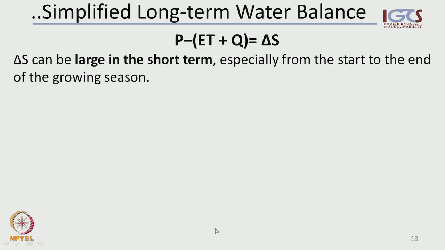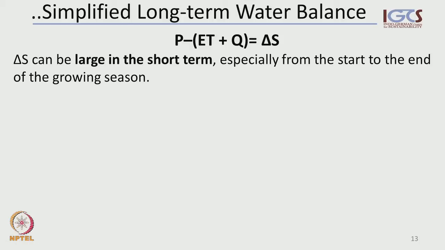Now, the next step would be the difficulty to estimate or determine the storage change. And again, we know that at very short term, the changes in our storage are quite big and quite essential. Just think of the beginning of a growing season and the end of a growing season, or the situation of our water storage before the rainy season and after the rainy season.